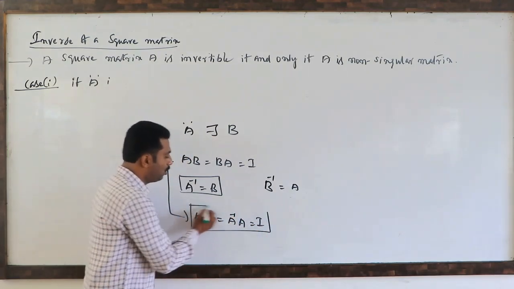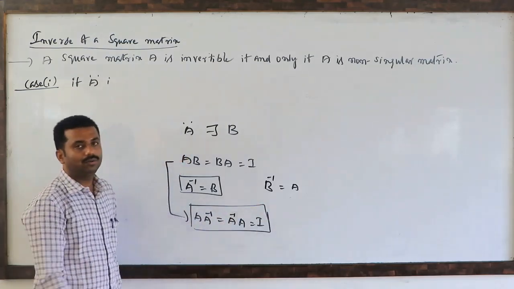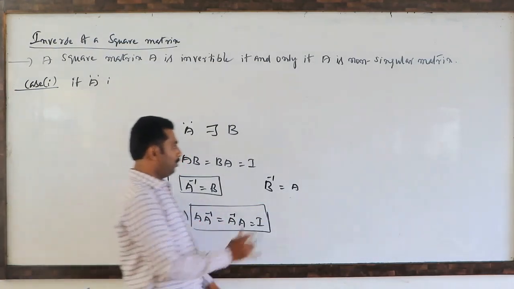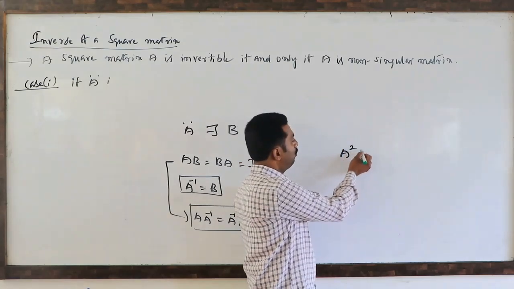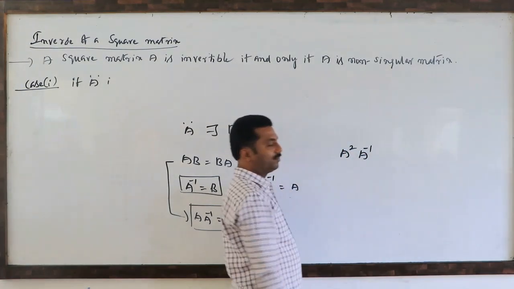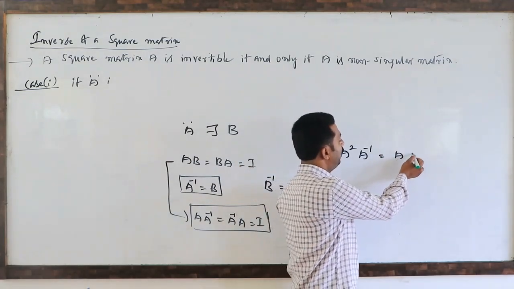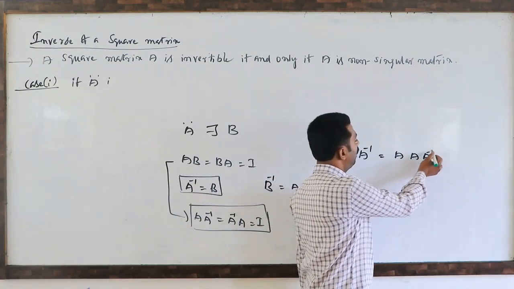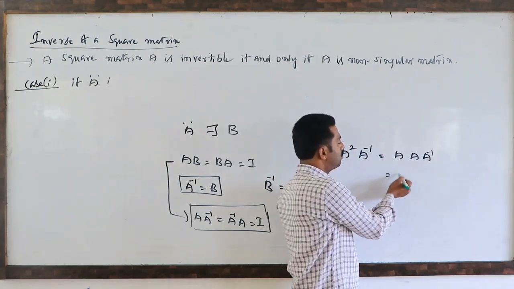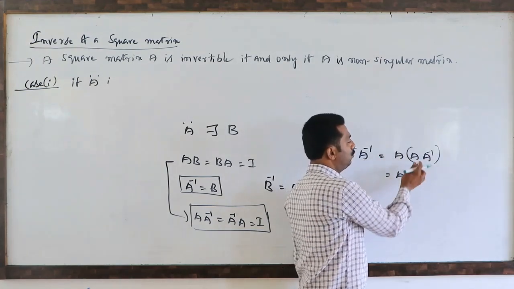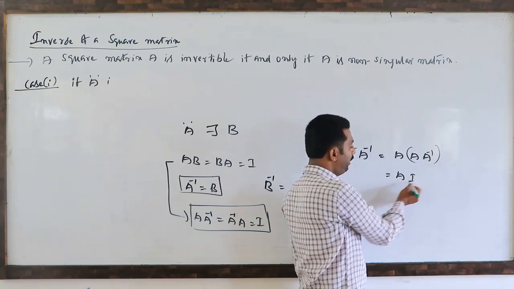So this is the most important result you have to remember. Suppose A square into A inverse is there. How to write? A square means we can write A into A. Already A inverse is there. So A into, you take these two, A inverse means identity matrix.